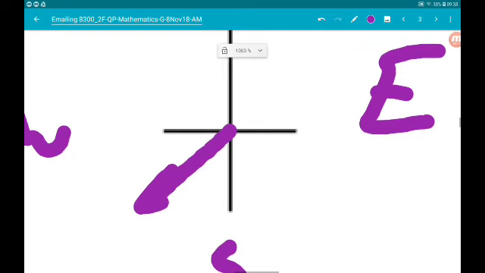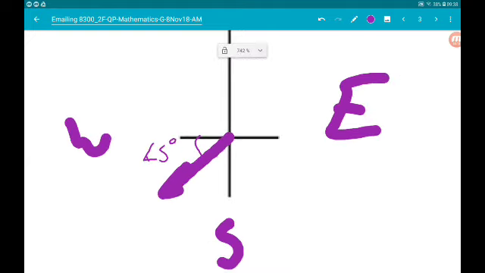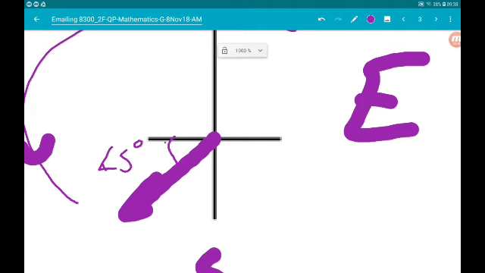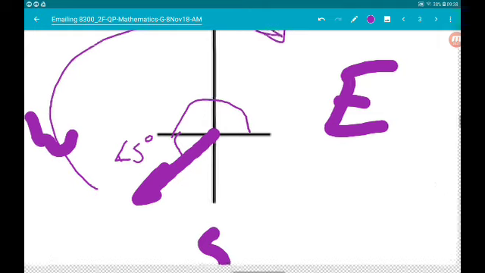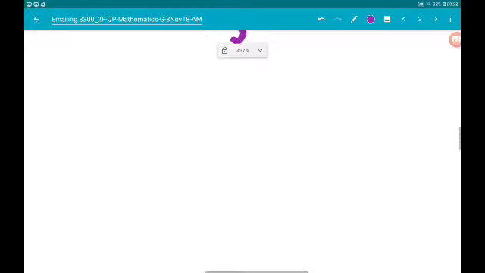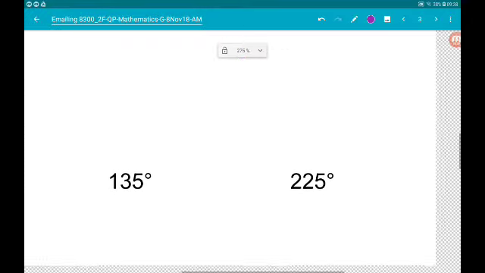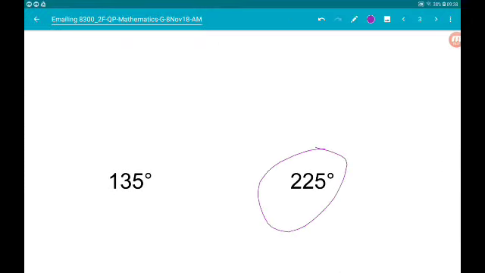Now that means that this angle is 45 degrees. Clockwise means we're going this way. So the angle that we want is this whole angle there. So that's 45 add 180, it's 225. Cool.